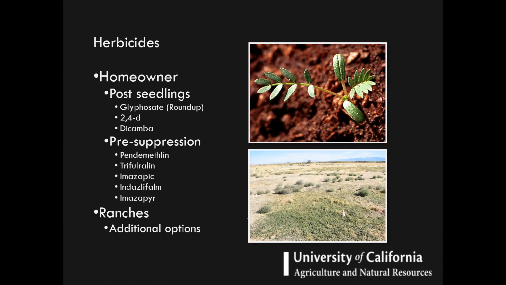Glyphosate, one that's always in the news, or Roundup, is a product that will control just about anything that's actively growing. It controls most green material, and it is very effective for goat heads, especially when they're small and even when they're large. The interesting fact about glyphosate is that it doesn't really have any soil activity.